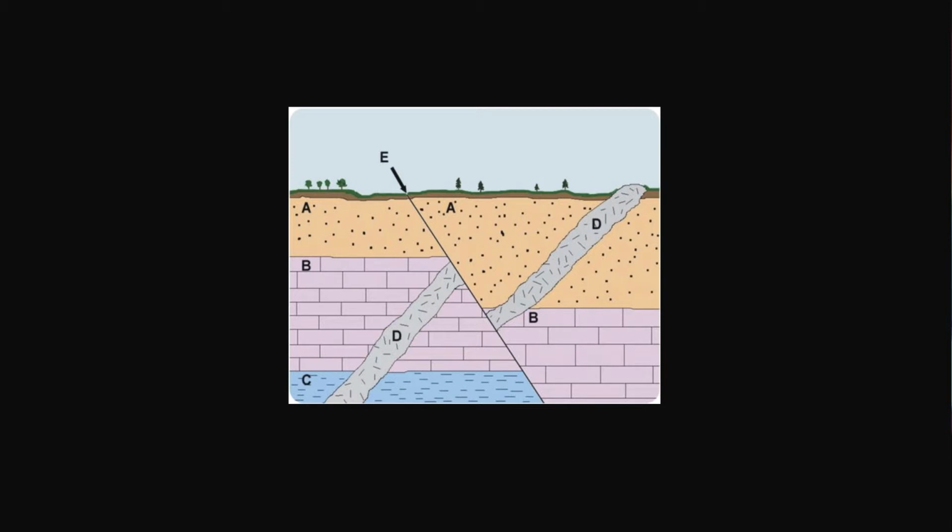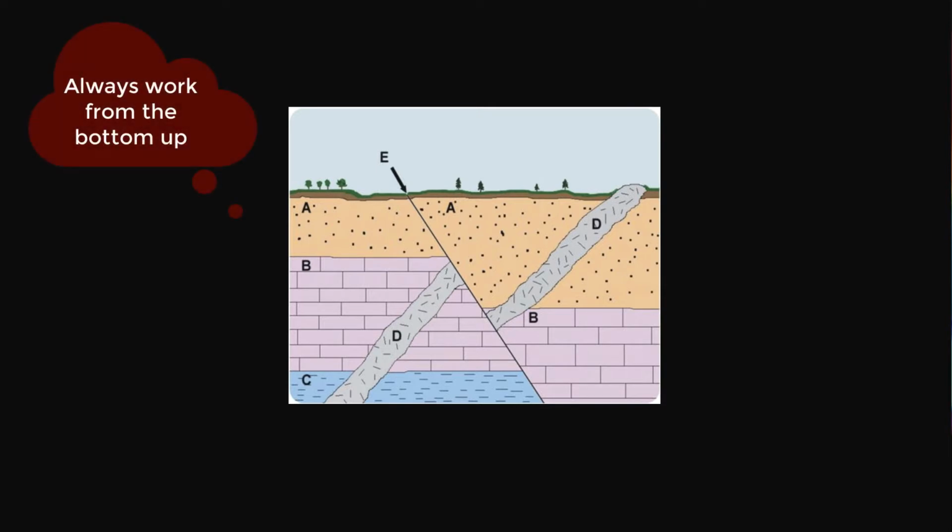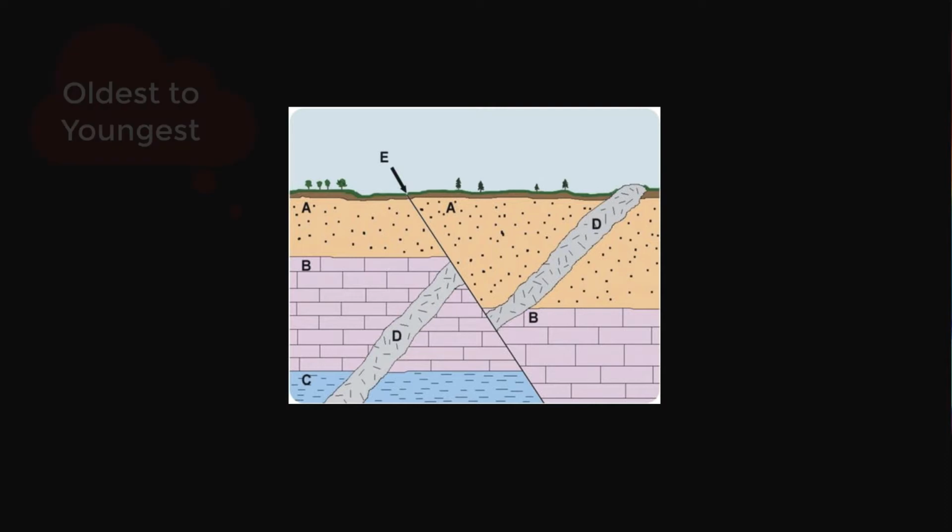So when we look at these units, we are going to work from the bottom up because when you are applying your principles of relative age dating, you always work from the oldest to the youngest. And the basic principle of relative age dating is that the oldest layers are on bottom and the youngest layers are on top.